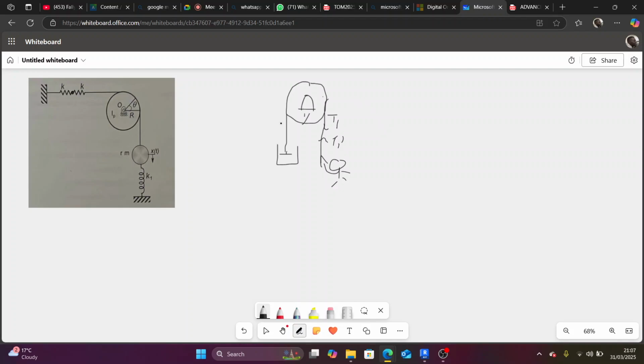Whenever we have a pulley, this is tension T2, and you have a reaction tension T2 prime. There's a law that says T1 must be equal to T1 prime, and T2 must be equal to T2 prime. I was just trying to show you this relation because it's going to be important when it comes to solving this problem.